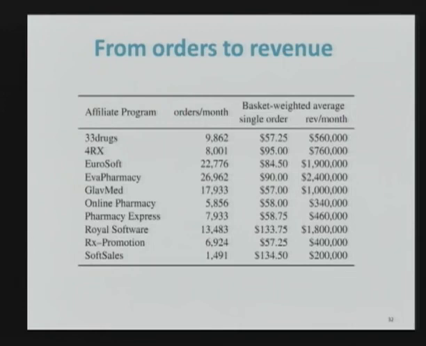And you can see that this is coming from anywhere around $200,000 of gross monthly revenue for that smaller software seller, all the way up to almost $2.5 million of gross monthly revenue for the Ava Pharmacy program.